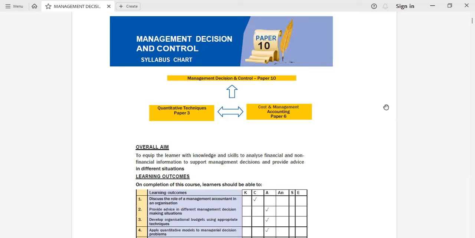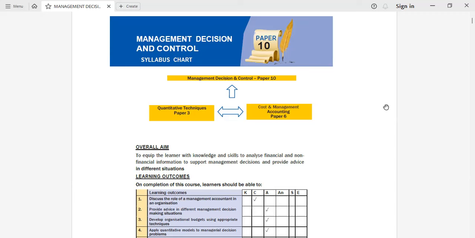So therefore, we are concluding that the previous materials and the videos we had are still relevant for the new syllabus, because the MDC, or management decision and control, is a level 2 paper, meaning there are some level 1 papers that are giving it a foundation.